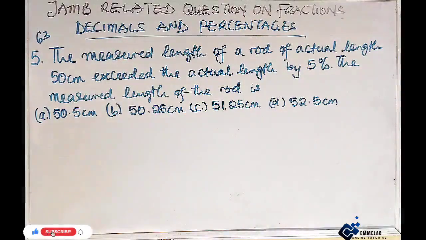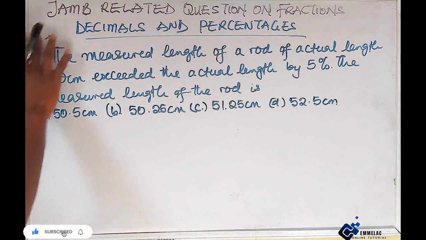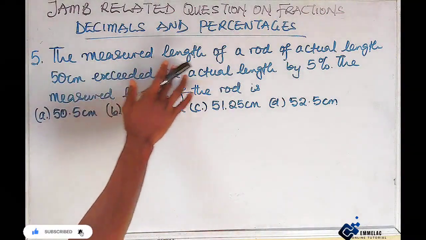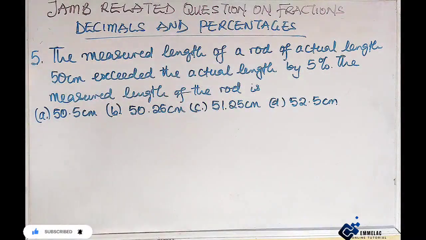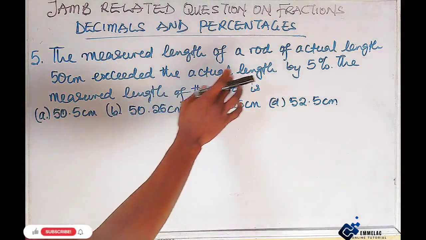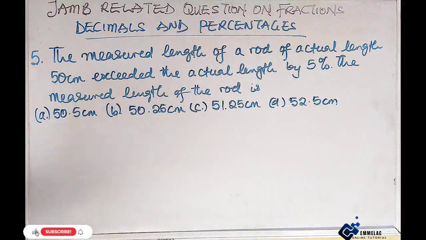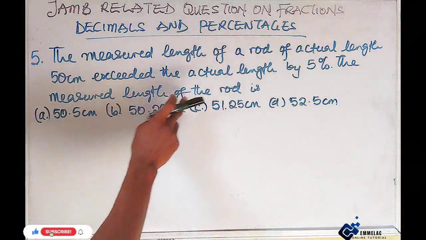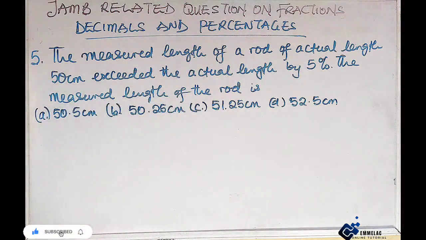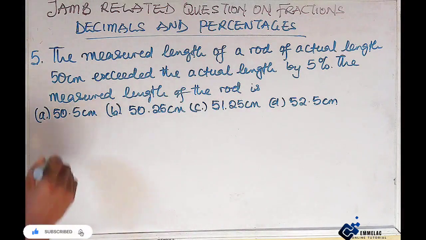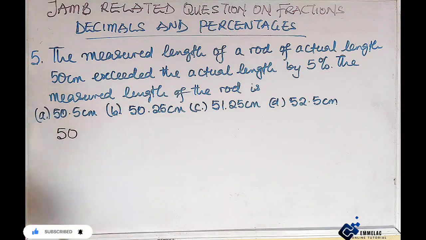Now for number 5, we are told that the measured length of a rod of actual length 50 centimeters exceeded the actual length by 5%. Now the measured length of the rod is, now let us see, the actual length is 50.